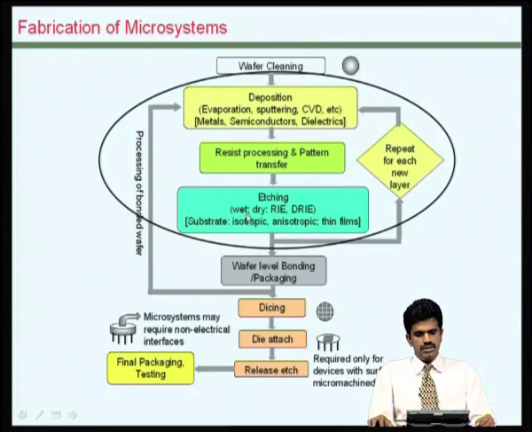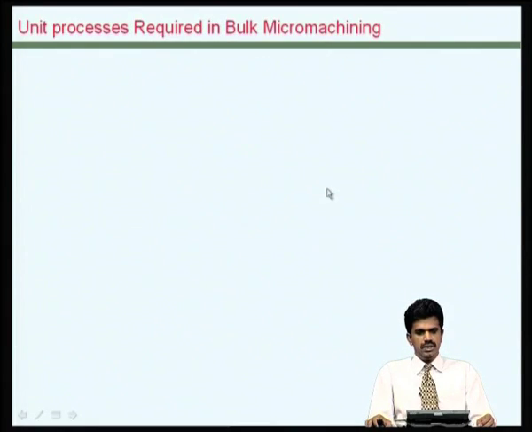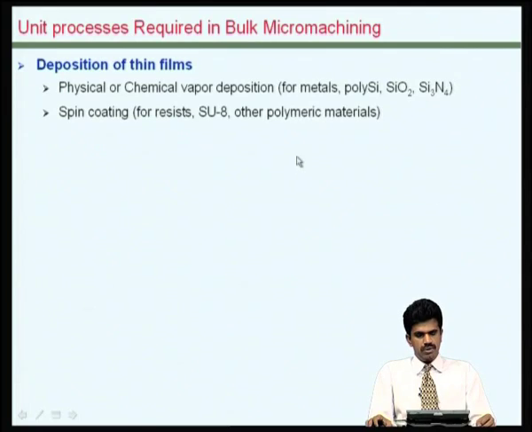And in this case, various extended, lengthened etching steps are required to form the cavities on silicon. So, the emphasis here is on etching itself, but still all those unit processes are required for the successful completion of bulk micromachining.